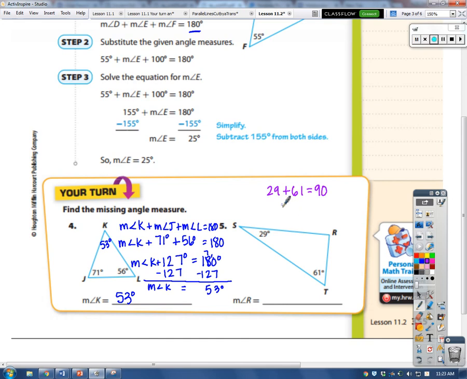Now I've got 180 is my total, right? Minus the angles that I know, which is 90, and that equals 90 degrees. So that means this missing angle is 90 degrees. That also means that this is a right triangle, right? If I have an angle measure that is 90 degrees, I have a right triangle. So my measure of angle R is 90 degrees.